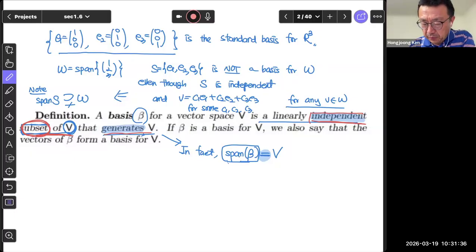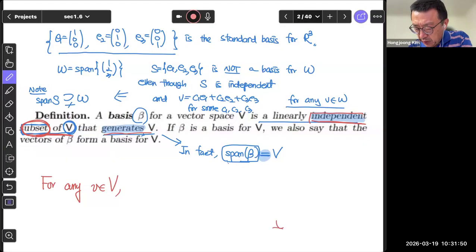So for any vector in V, if beta consists of V1 up to Vn, then this V can be written as a linear combination of V1 up to Vn.